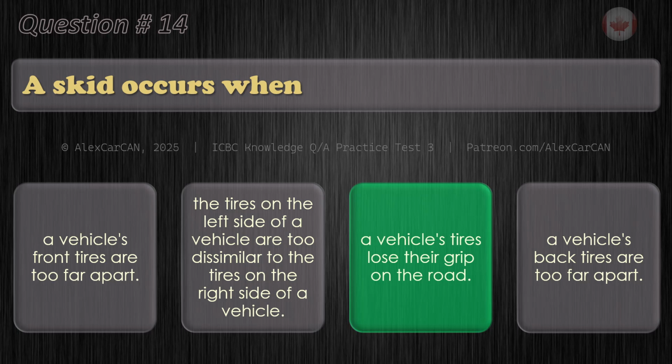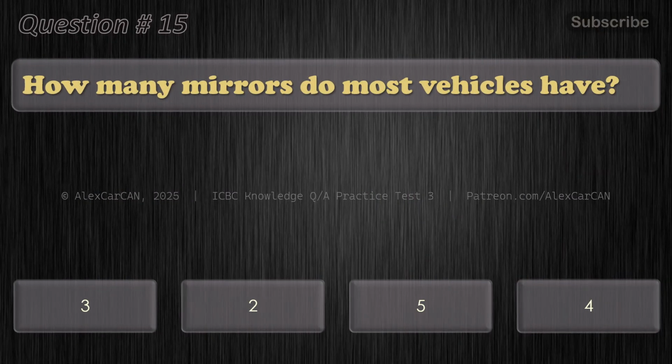The correct answer is a vehicle's tires lose their grip on the road. Question number 15. How many mirrors do most vehicles have? 3, 2, 5, 4. The correct answer is 3.